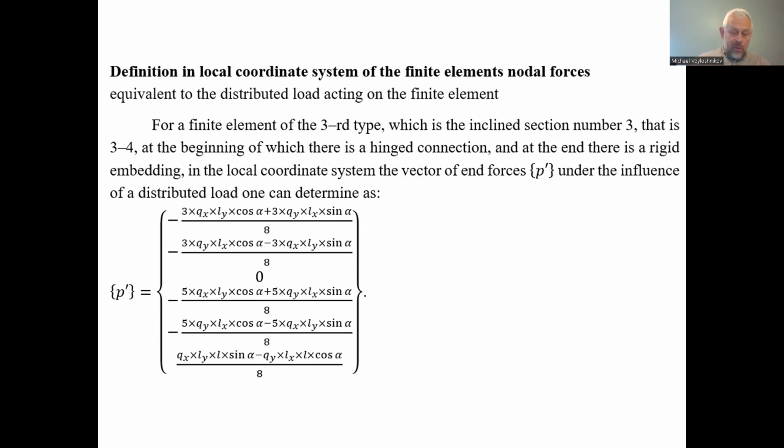So having these components, Qy is the vertical component of the distributed load, Qx the horizontal component, this is the vertical size of the finite element, horizontal size, cosine and sine of the angles of inclination, the factors from the standard definition of the end reaction and action of the distributed load.